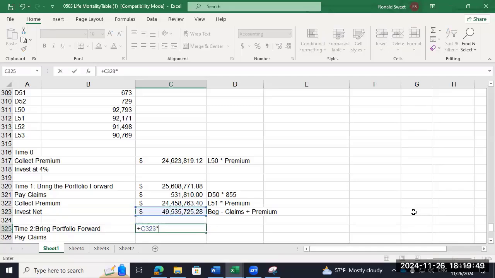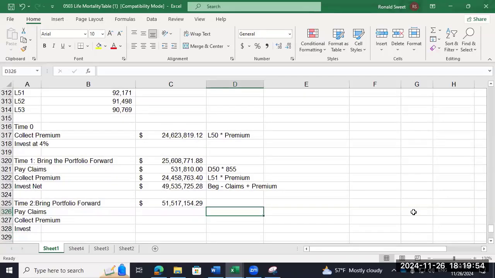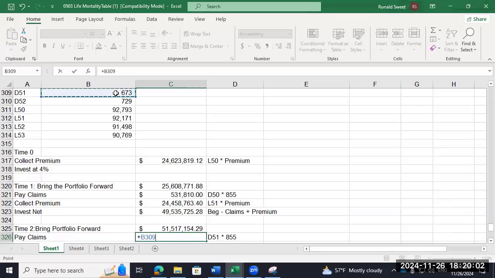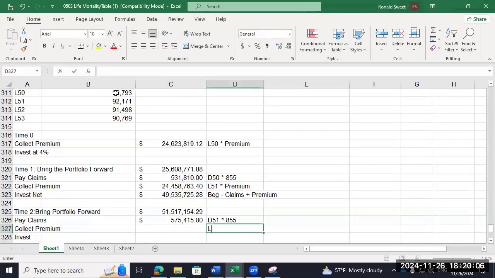So that times 1.04. Again, you're going to pay the D51s, $855. So D51 times 855. You're going to collect premiums from the L52s. This is the last premium you'll collect.